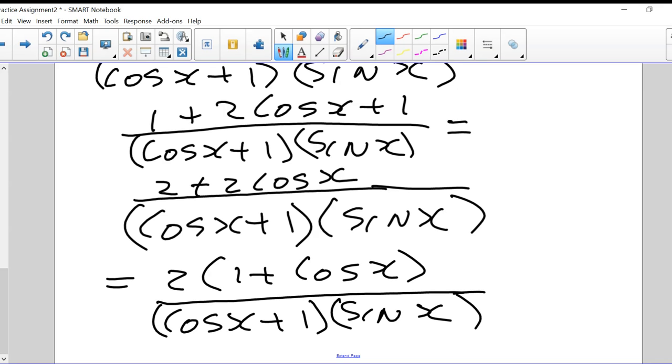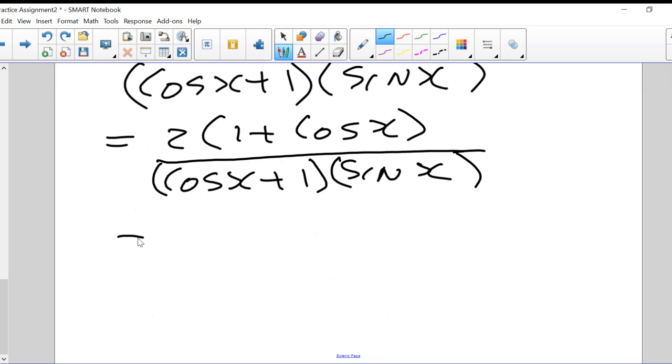Can I reduce anything? Does everybody agree with Jeremy on that? That I can cancel out the 1 plus cosine x. Cosine x plus 1 and 1 plus cosine x are the same thing. So I'm left with 2 over sine x.